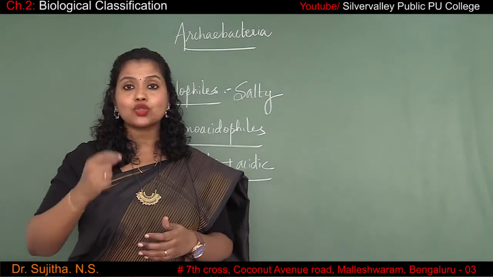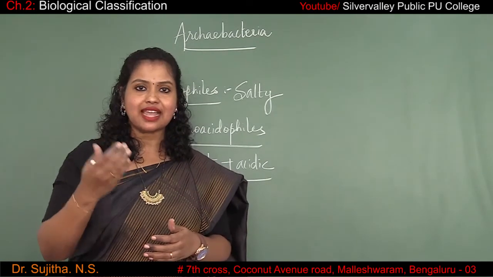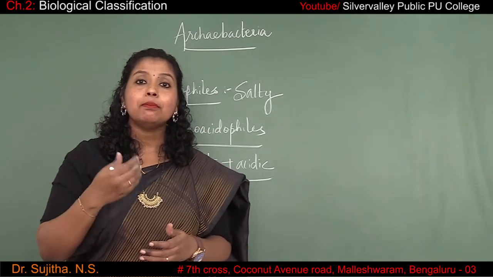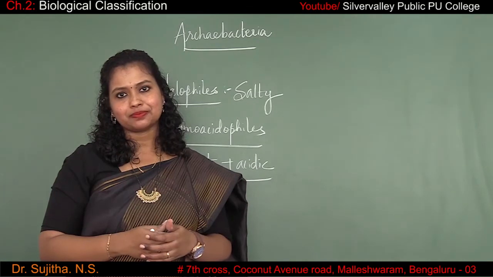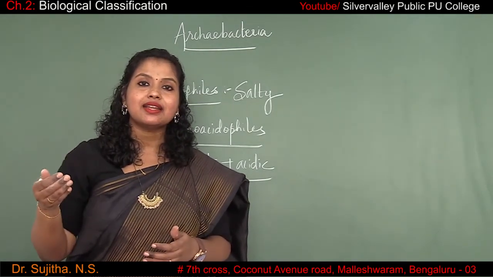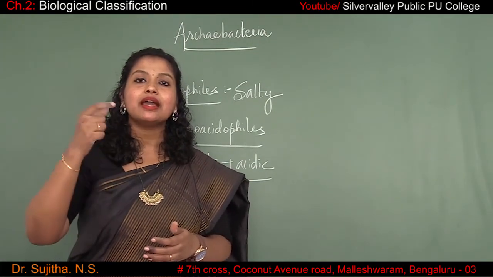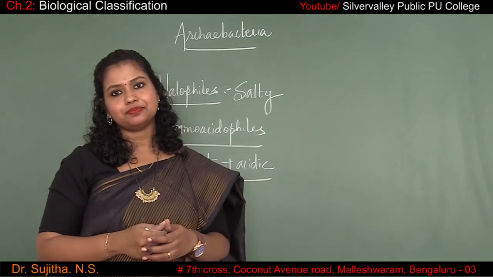And in the process of breaking down this cellulose, it releases a gas, and the gas is methane gas. And obviously because of this, the bacteria gets the name methanogens. Methanogens means methane releasing bacteria.